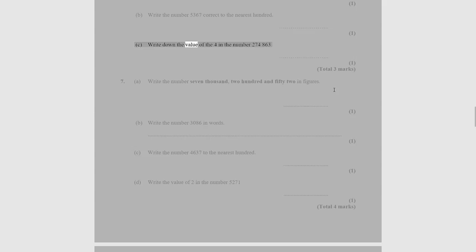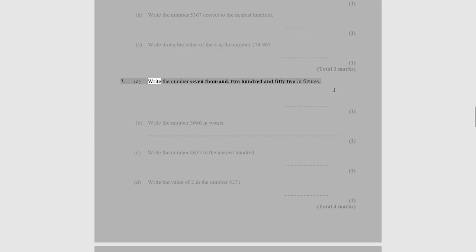Write down the value of the 4 in the number 274,863. Total 3 marks.